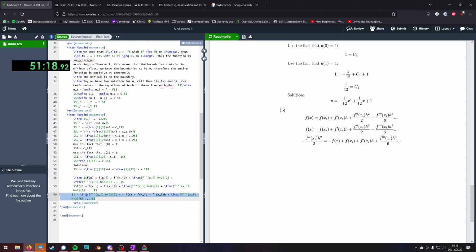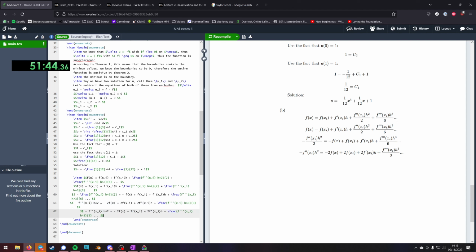Then we're gonna multiply everything by 2 because we want just the second derivative, not this fraction. So it's 2 plus 2 plus 2 plus 3. And then we divide by h squared. So we get 2f over h squared.